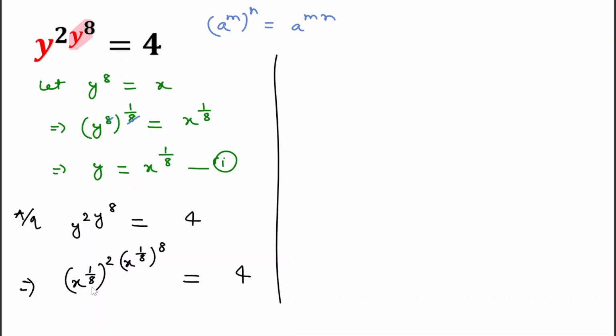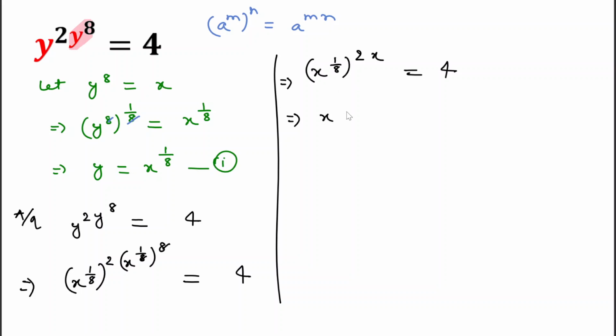Now using this formula we can cancel this, so we can write x to the power 1 over 8 to the power x, and this 8 gets cancelled. After this it becomes x, which is equal to 4.